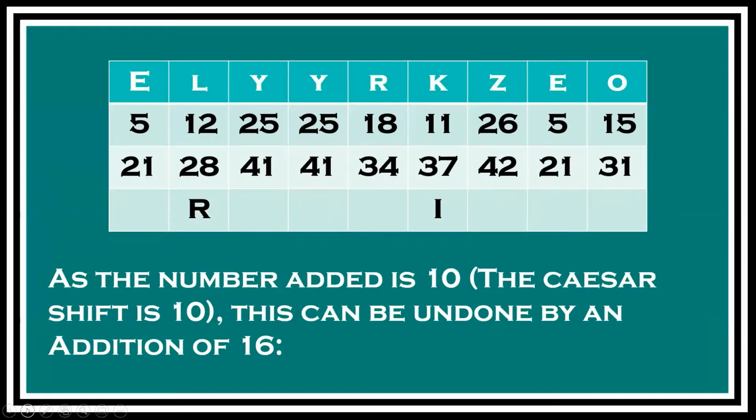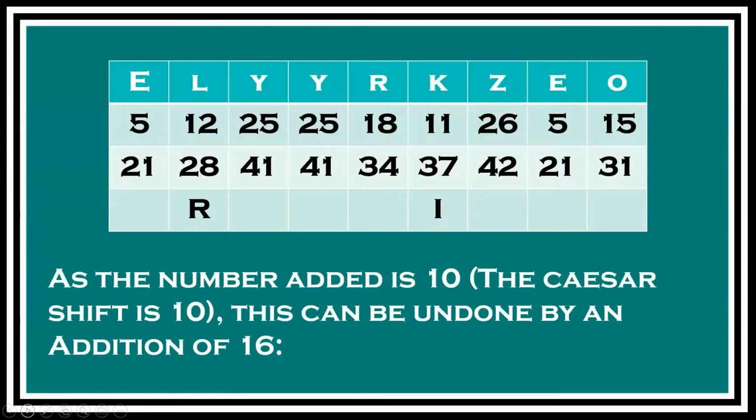So 5 plus 16 is 21. 12 plus 16 is 28. 25 plus 16 is 41, and so on to work out the second row of numbers. So we have undone the Caesar shift by adding 16.